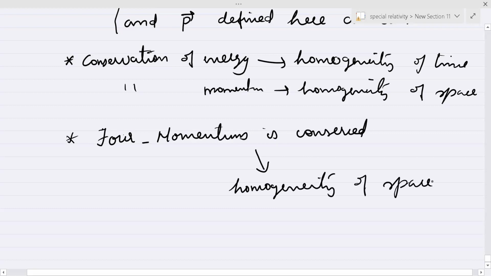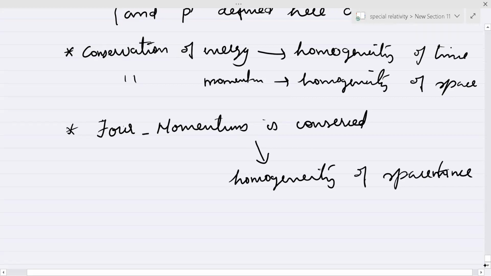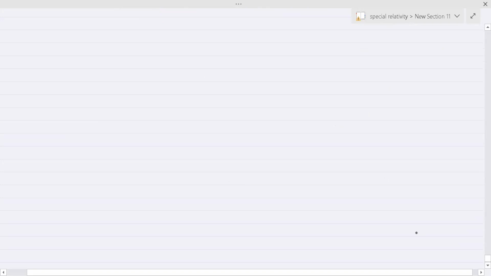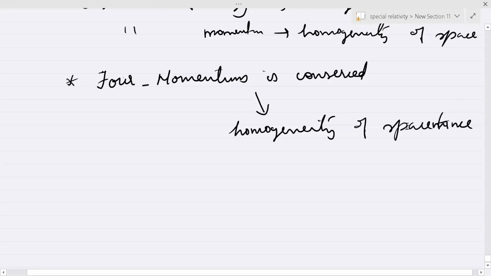It doesn't matter at which space-time point you are, the laws of physics will remain the same. It's also known as translation invariance: translation in space-time is a symmetry.